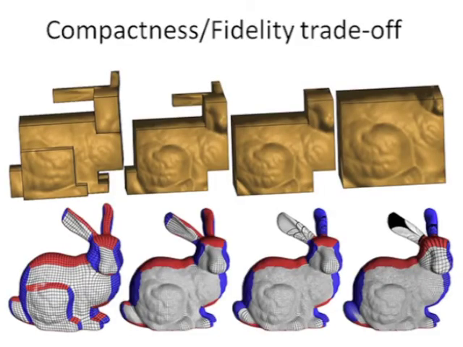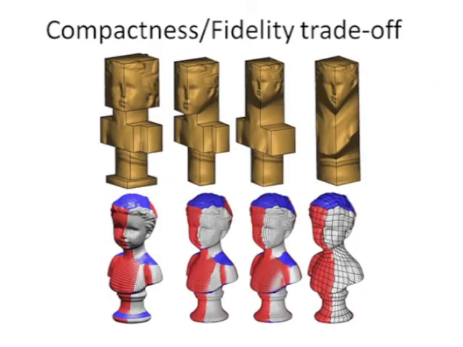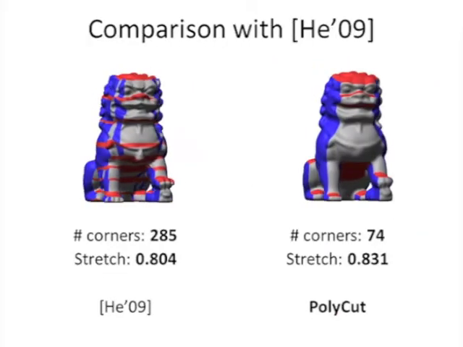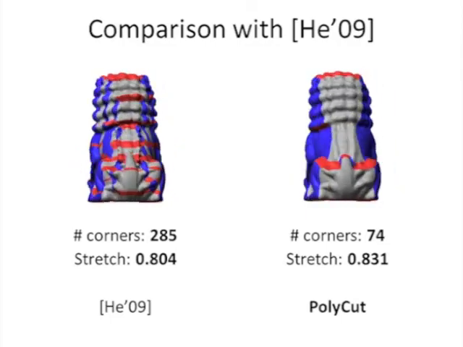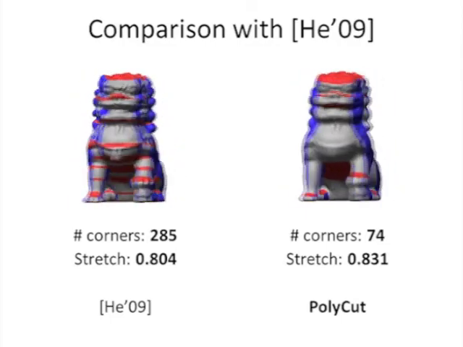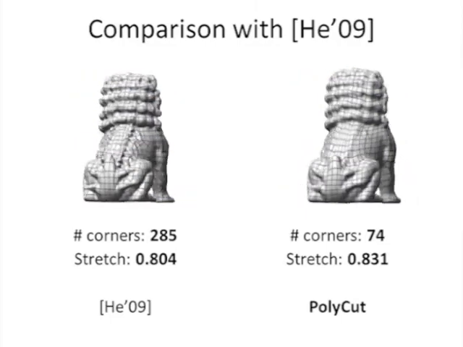One important advantage of our approach is a flexible user control between fidelity and compactness. Our method is able to generate results with significantly fewer singularities and charts than previous methods, while achieving comparable or better distortion.